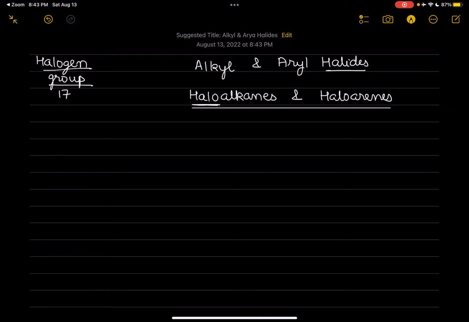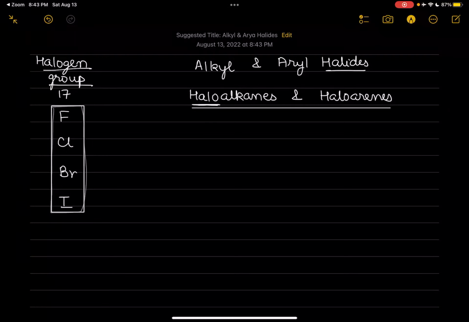If you look at the elements in it, you have fluorine, chlorine, bromine, and iodine. Though there are two more elements below them, we don't consider them. These elements are known as halogens. Halogens means salt forming, and they are part of salts.